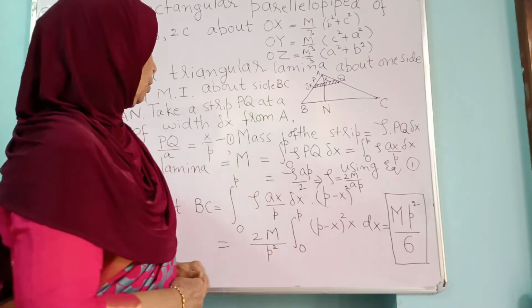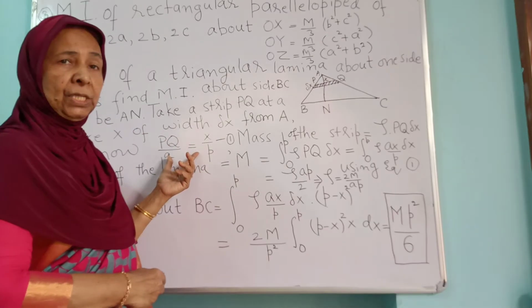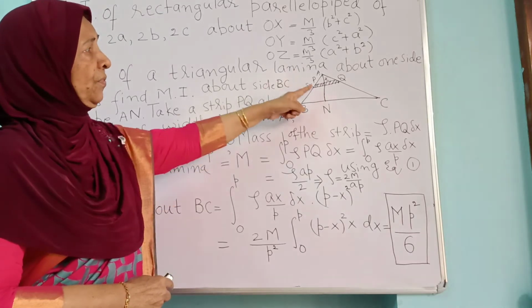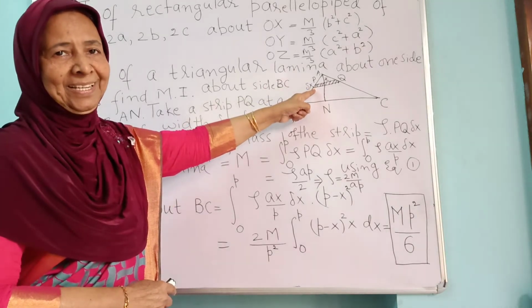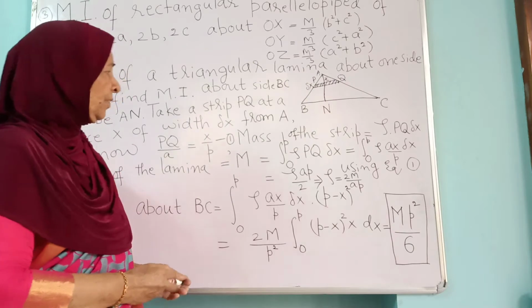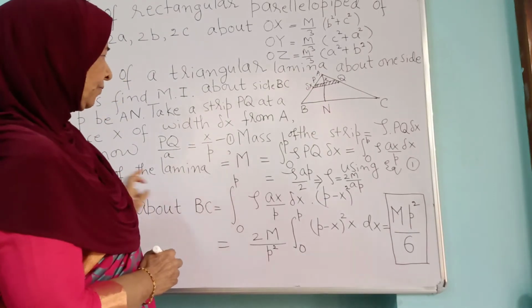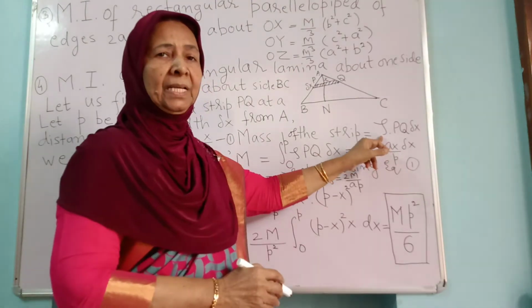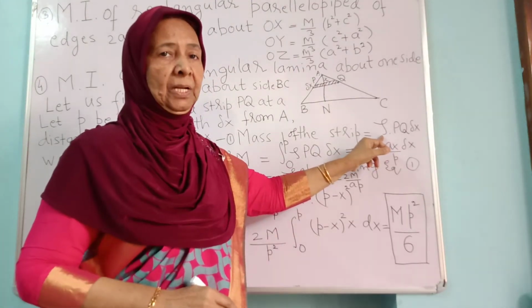Okay. So from this equation, we can find out the length of this strip. Now, the mass of this strip will be density times area of the strip.